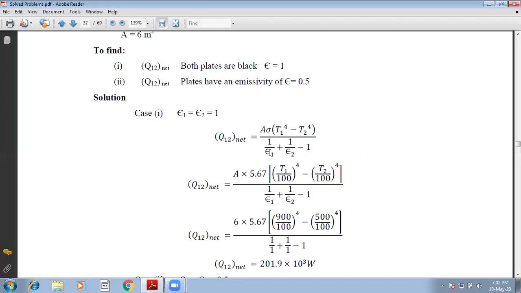The emissivity of both the surfaces is considered to be 1 because both are considered as a black body.